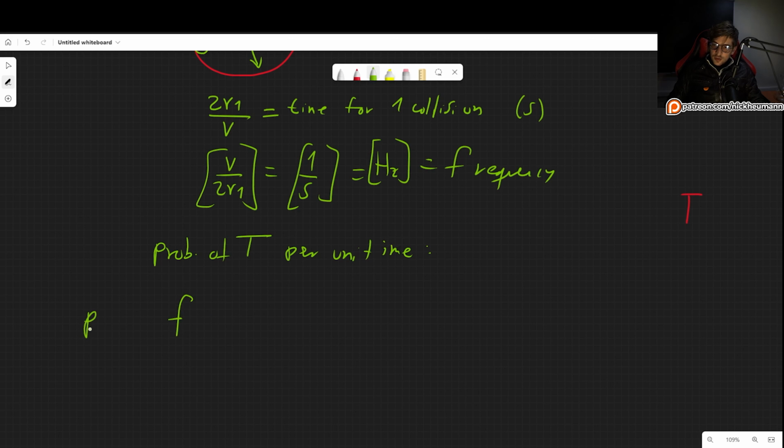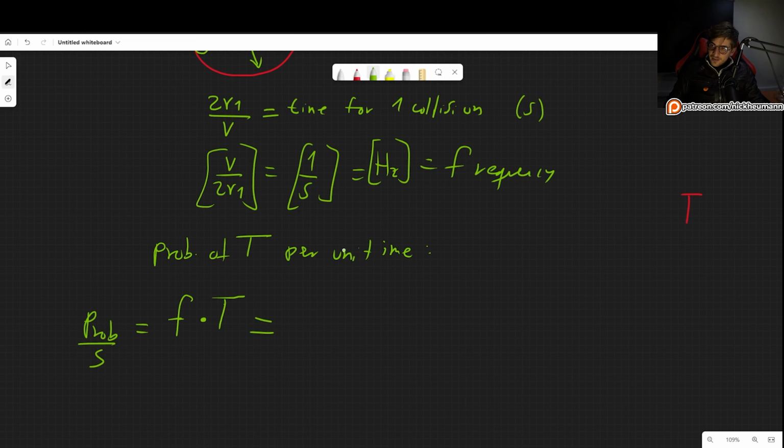So let's say probability, this is equal to the frequency of collisions times the probability of being transmitted, which we know is t.